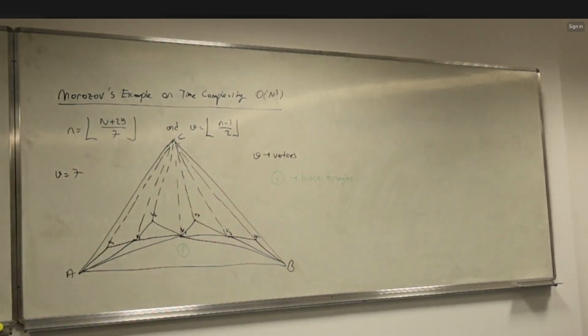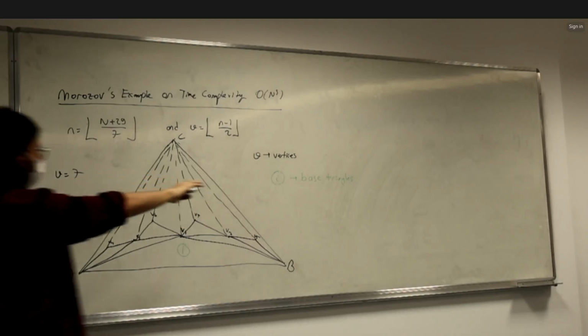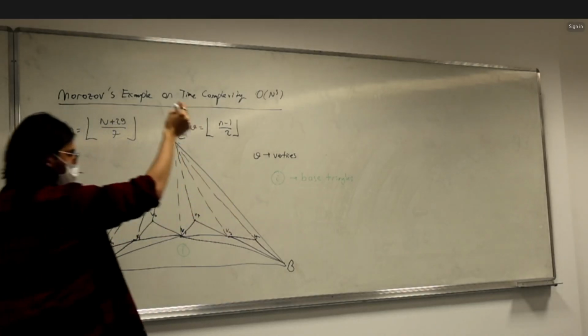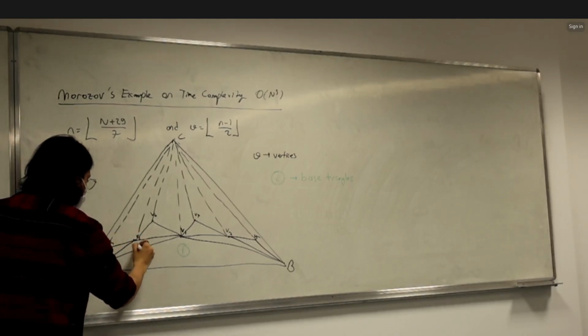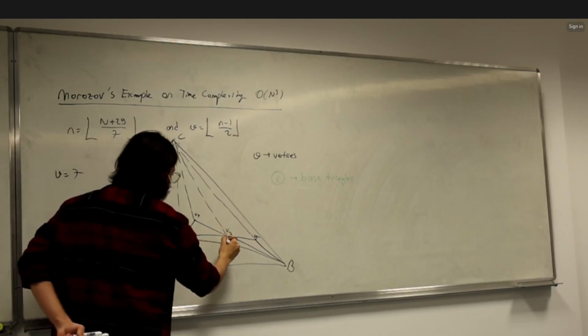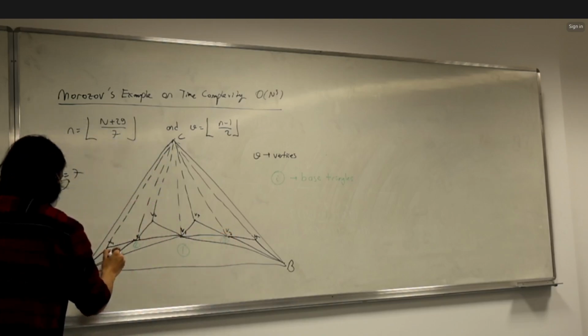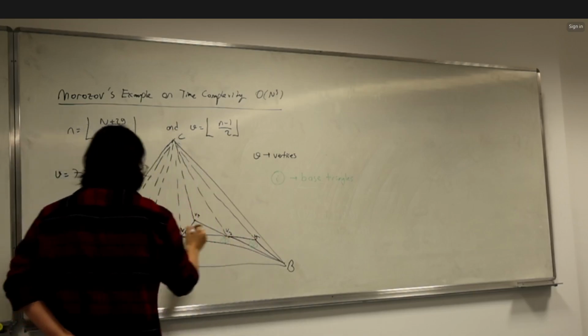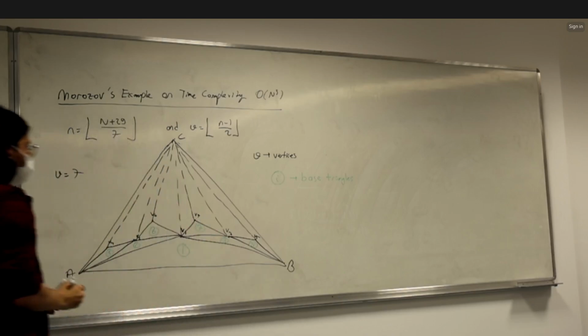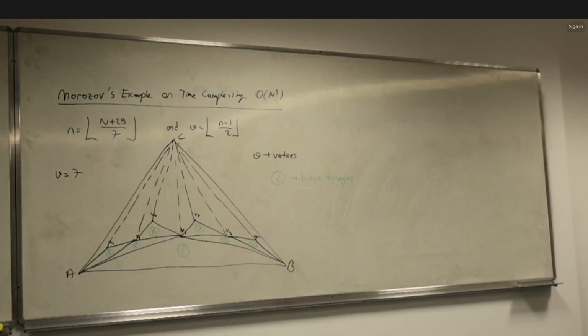And the notation of it is done by looking at the top vertices here. So if we have the top vertex V2 here, this is the second triangle. This is the third triangle, fourth, fifth, sixth, and seventh.